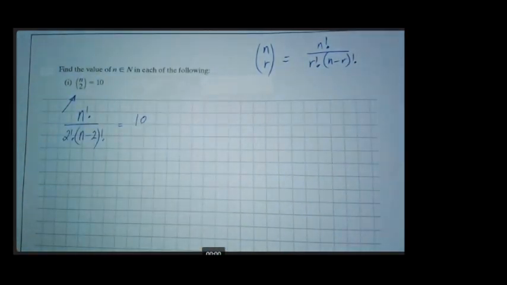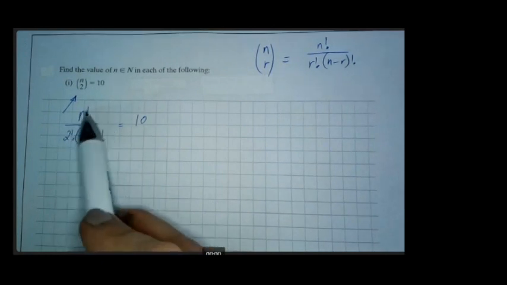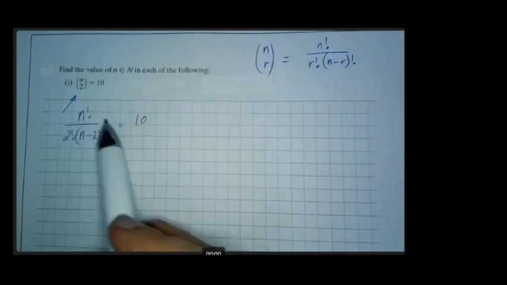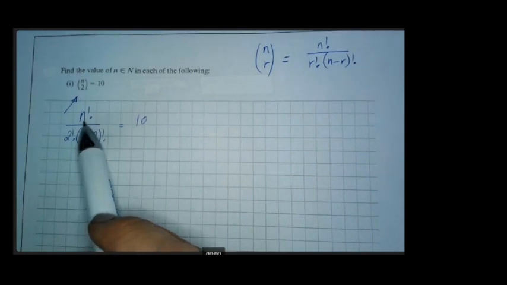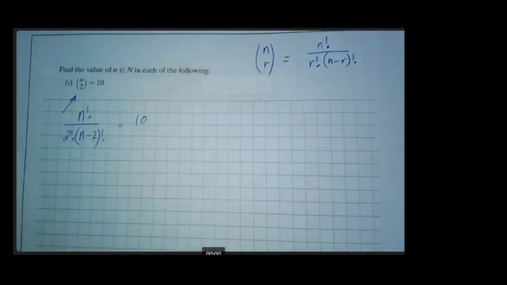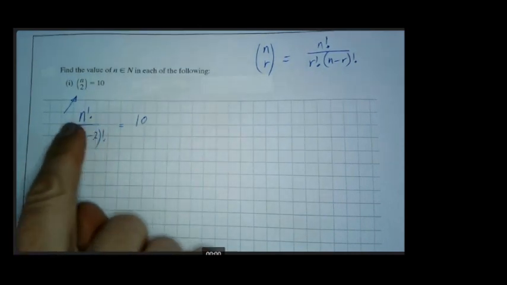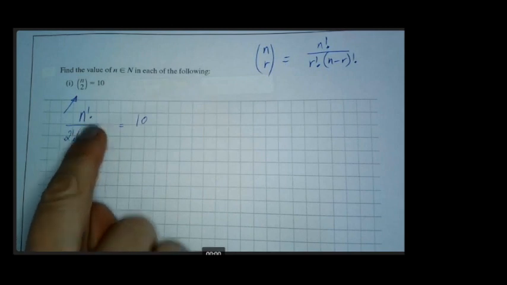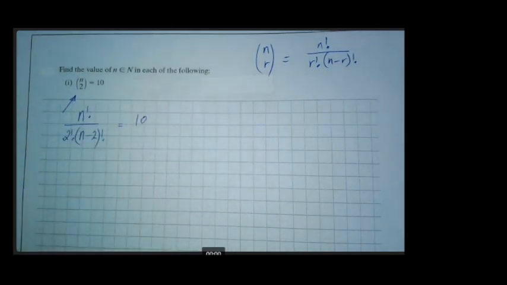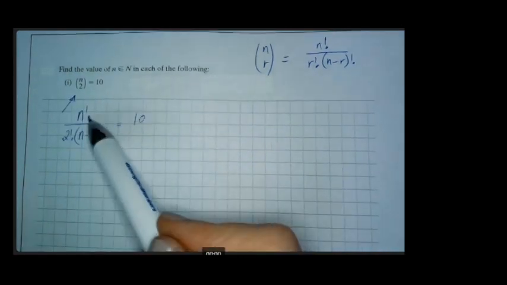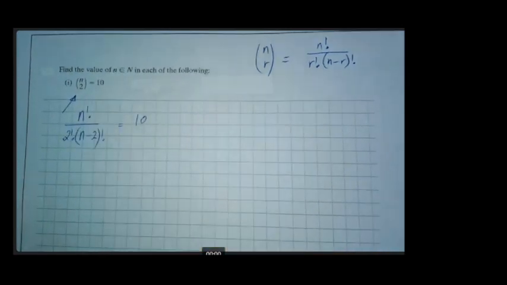Now, what I want to explain is working with factorials, especially when you've got some algebra involved, and understanding how you can expand them out a little bit in order to be able to cancel, because we have a divide by n minus 2 factorial here. I am going to be able to get rid of that n minus 2 factorial because it is embedded within the n factorial, and that's the bit I want to explain.